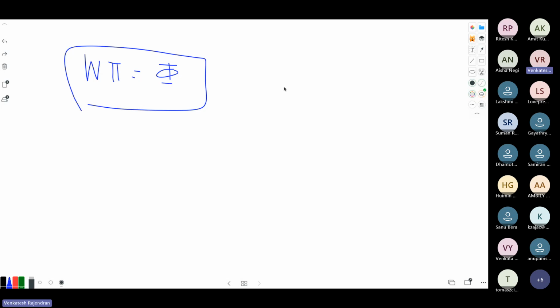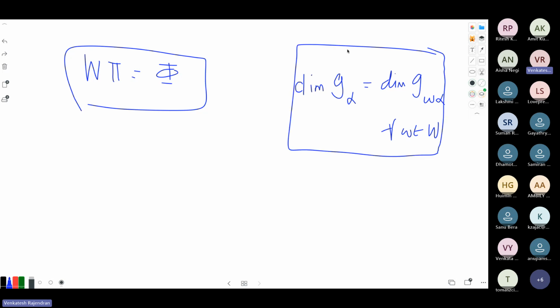So from here, you again need to use some SL2 theory, same as before. The SL2 theory proof goes through here. Using that, you can prove that the dimension of g_alpha is the same as the dimension of g_{W alpha} for all W. You need to prove it for only one generator s_i, for which you use the SL2 copy defined for that s_i.